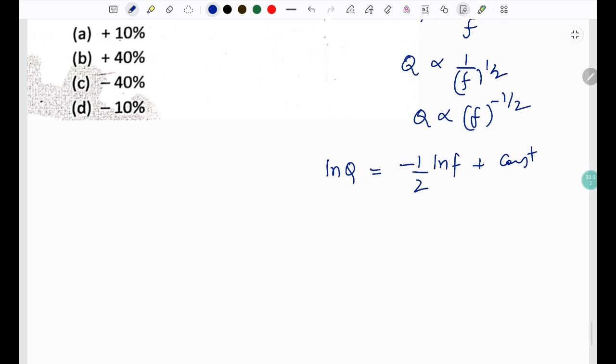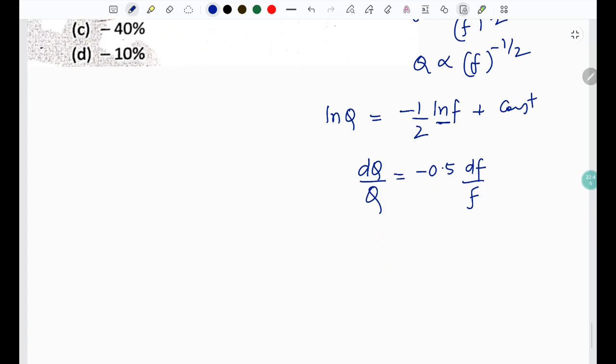Differentiating to find the proportional error, I can write it as dQ by Q equals minus 0.5 df by f, since differentiation of ln f will be 1 by f. So this will give us our relation.